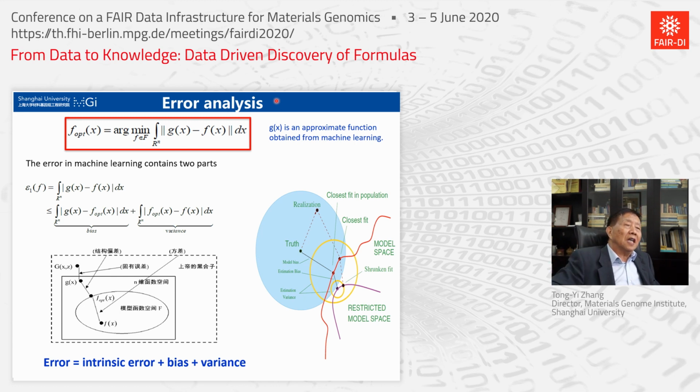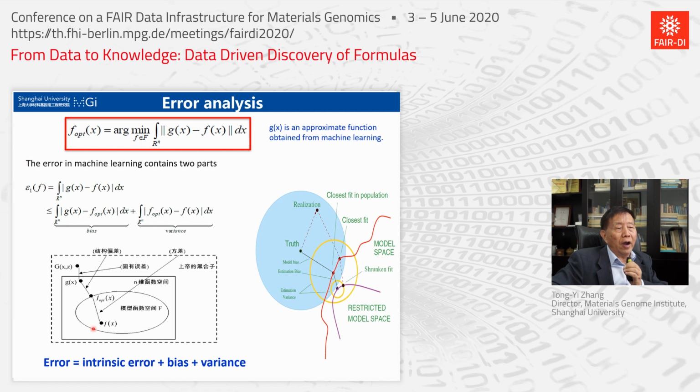By setting up features and the feature space, you will determine two other errors: one we call bias, another we call variance. The best machine learning model makes the sum of those two parts the lowest.